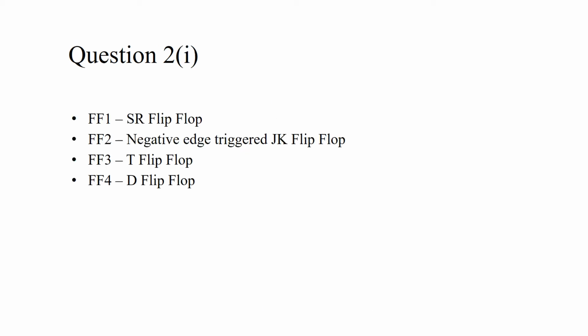In this question, we have 4 flip-flops: FF1 is an SR flip-flop, FF2 is a JK flip-flop with negative edge triggered, FF3 is a T flip-flop and FF4 is a D flip-flop. So we have 3 positive edge triggered flip-flops and 1 negative edge triggered flip-flop.